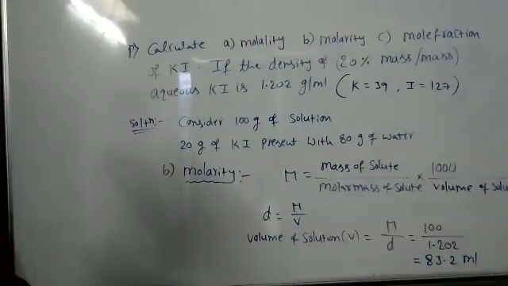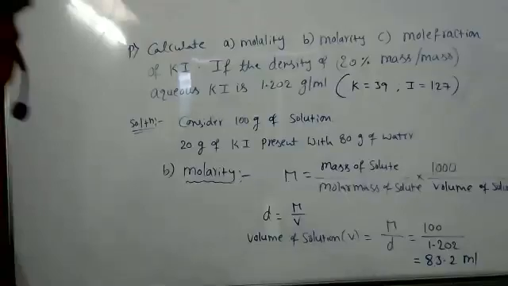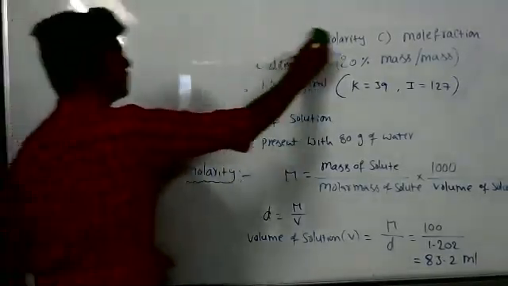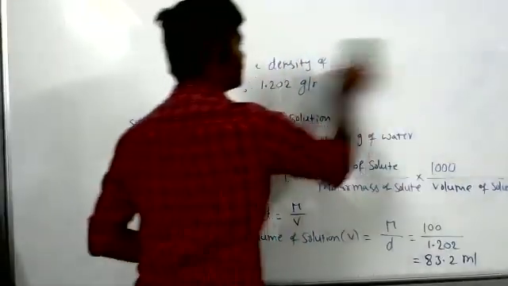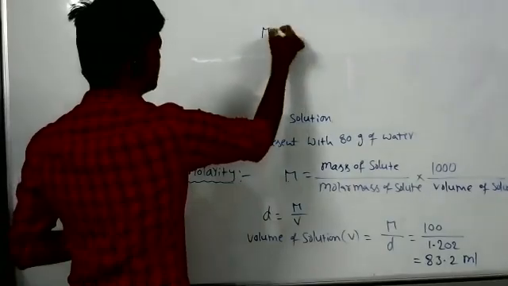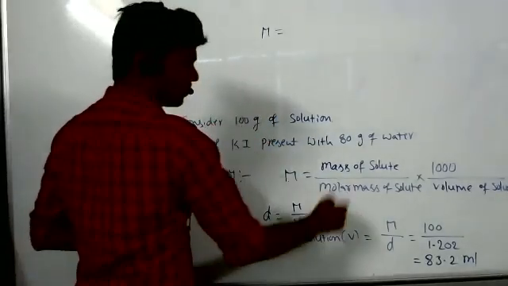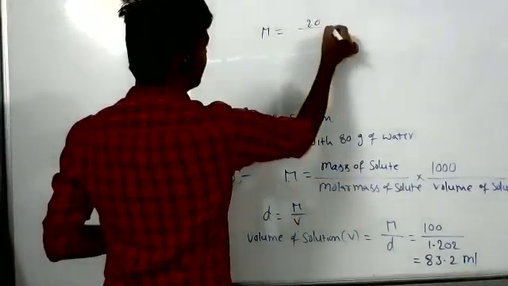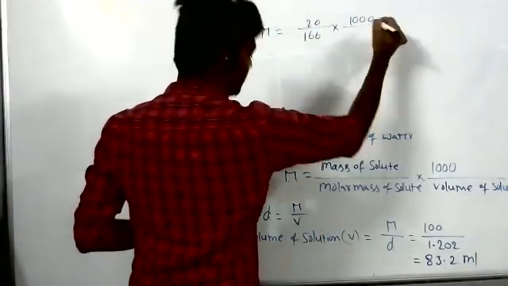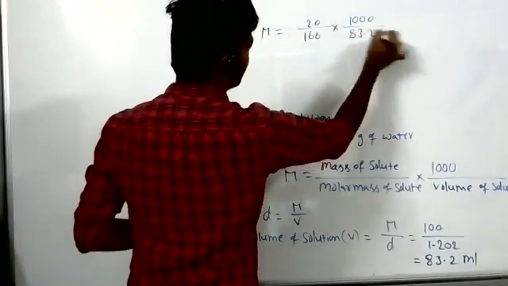Let's substitute here. Molarity M is equal to mass of solute 20 divided by molar mass 166, into 1000 by 83.2.